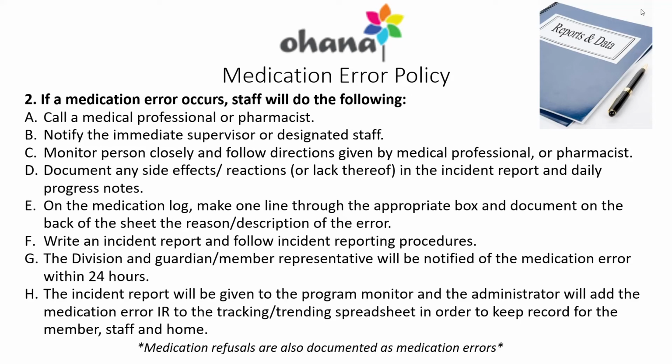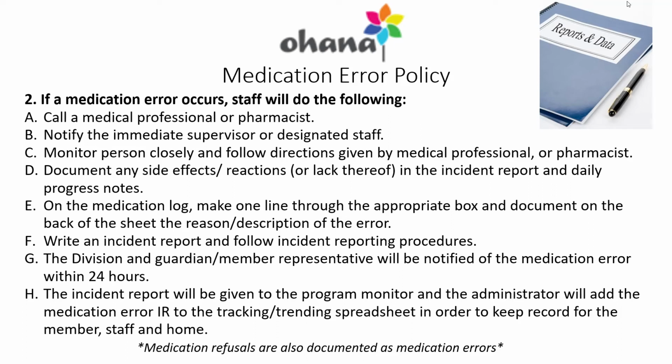After that, you need to notify the immediate supervisor or designated staff, whoever in your home is in charge of medications. You need to let them know immediately after you call the pharmacist. Next, you need to watch the person who missed their medications and follow any directions given by the medical professional or the pharmacist. You're responsible for documenting any side effects or reactions in the incident report that you will be writing up.